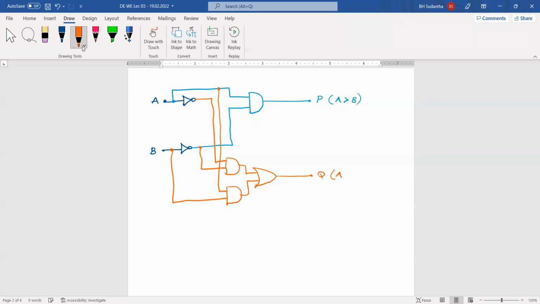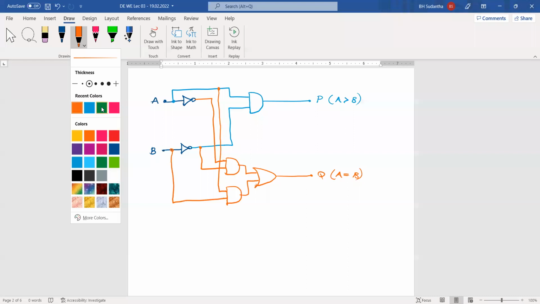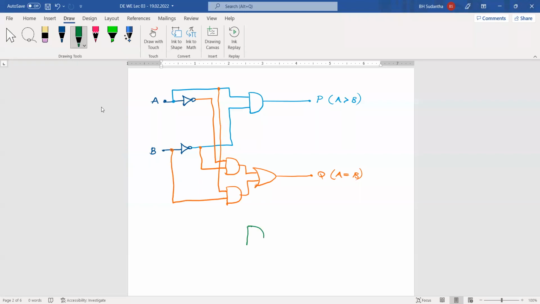This is Q. A equals B. Okay. Third one. A bar B. This is A smaller than B.